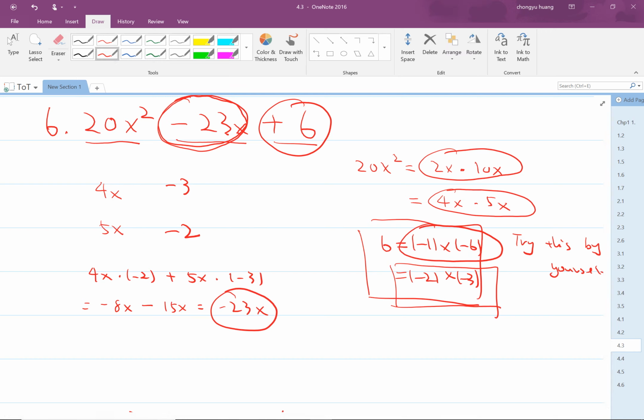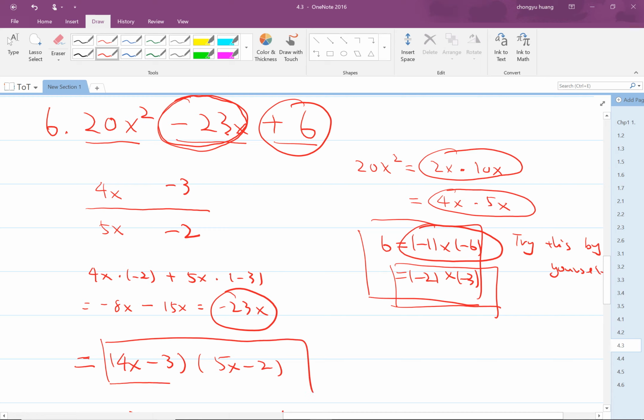Now we just put a cross line between it, and then we finally write down the solution. The solution over here should be 4x minus 3 and then 5x minus 2. So we finish the factoring, and this is the solution.